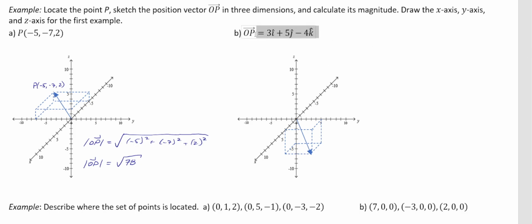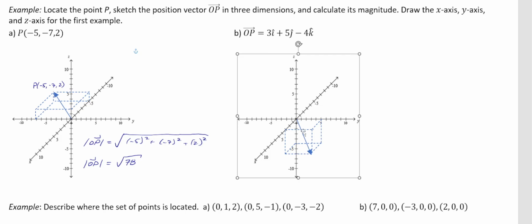For OP over here, again, we're going to take a look at how this is formed. This is my x component, this is my y component, and this is my z component right here, -4. So I need to go 3 units along the x, then 5 units along y, and then down 4 units along z.